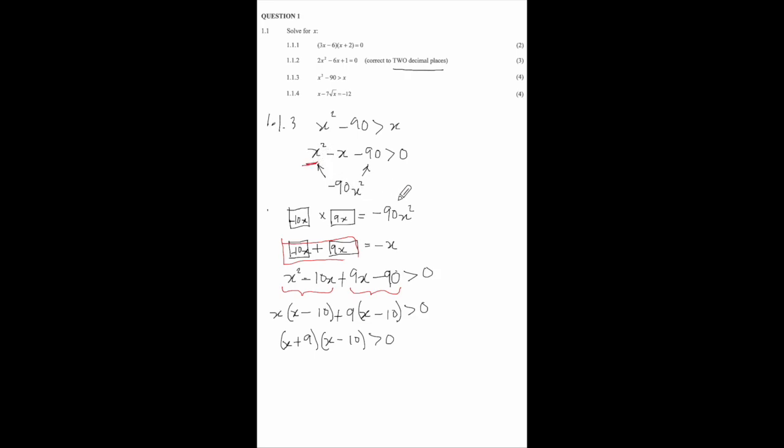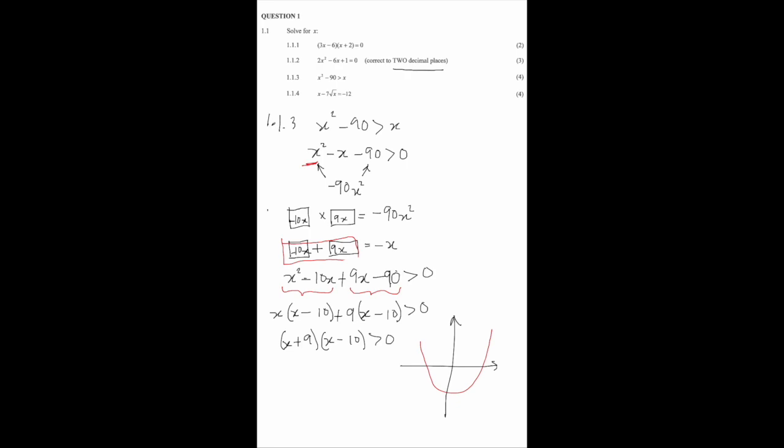So the coefficient of x squared is positive, which means it's going to be a smiley face, something like this. I'm just going to put in some x's in there. It's not very straight, but that's okay. So that's just a rough sketch of the curve.